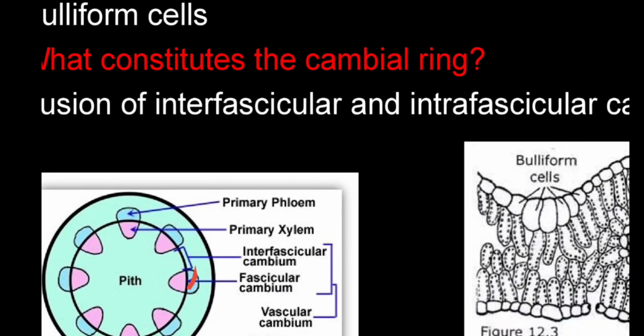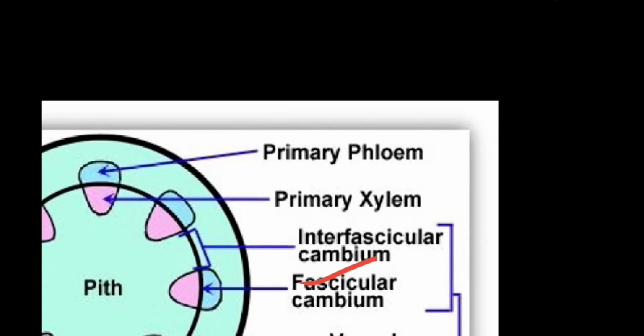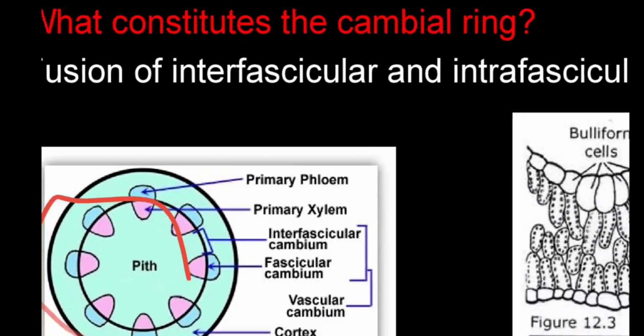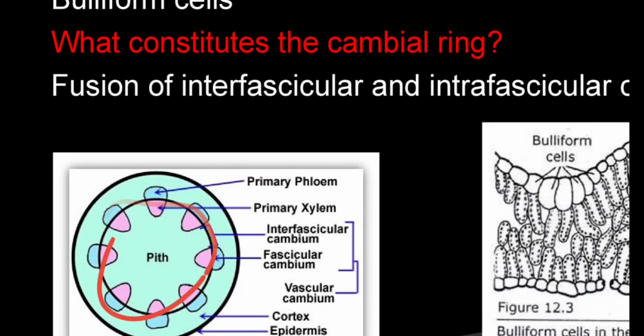In between the xylem and the phloem, you will see intrafascicular cambium strips, and here in the medullary rays, some cells become meristematic and they form interfascicular cambium. So this cambium is between two vascular bundles. So this cambium is interfascicular and this one is the intrafascicular cambium. The fusion of both these cambium makes a particular ring, and that is known as the cambium ring. So this cambium ring is formed by the fusion of the interfascicular and intrafascicular cambium. Okay guys.